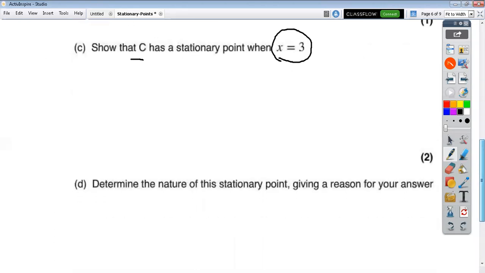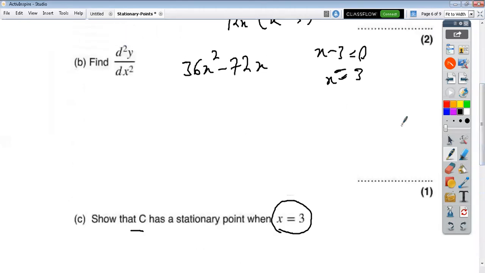Can you see that? Determine the nature of this stationary point, giving a reason. So there's a reason why they said do the second derivative. We have done the second derivative. Then we have to test when x is equal to 3, whether it's a local maximum or what. So 36 brackets 3 squared minus 72 multiplied by 3. Can you use your calculator?